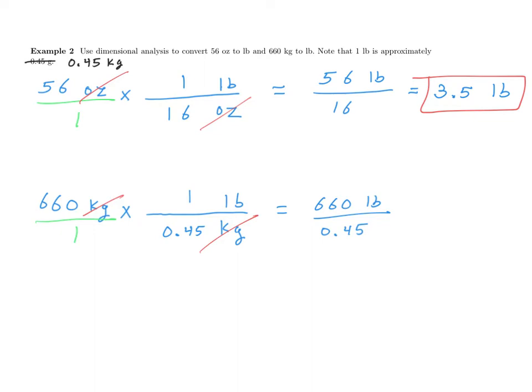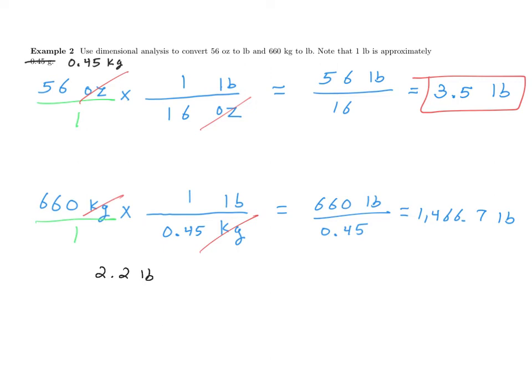Okay, I have a decimal, so I'm going to round it to the nearest tenth, but the number I get is 1,466.7, and this is in pounds. So 660 kilograms is approximately 1,466.7 pounds. There is another commonly used conversion factor for going from kilograms and pounds that maybe you're familiar with.